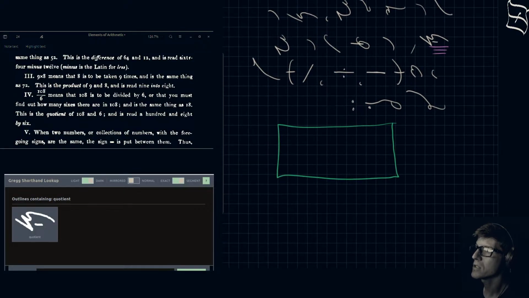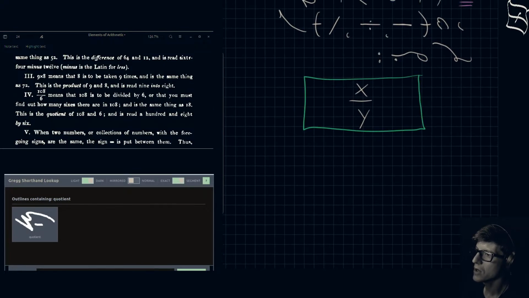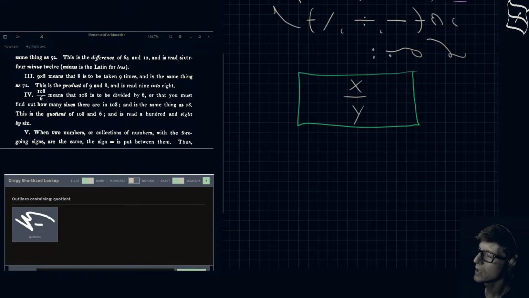So in the box, we then have the symbol, and we have x over y. X over y. And it is read as the number by the number. So here below, it is written accordingly. And then below that, we go back to Gregg, which is and is read as.